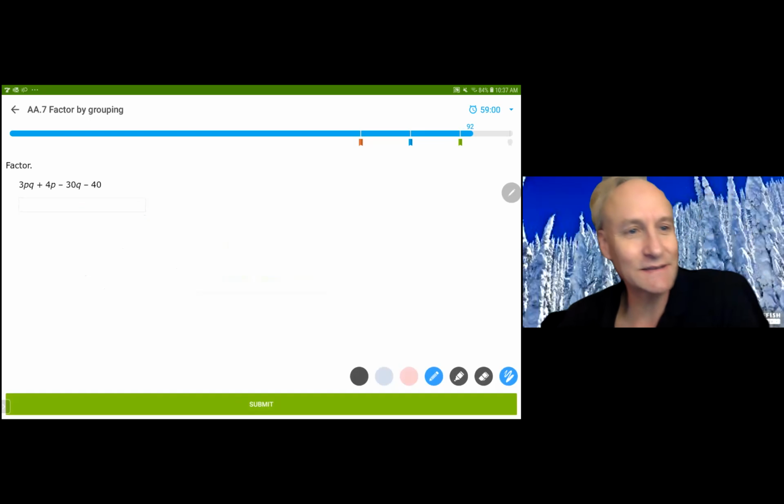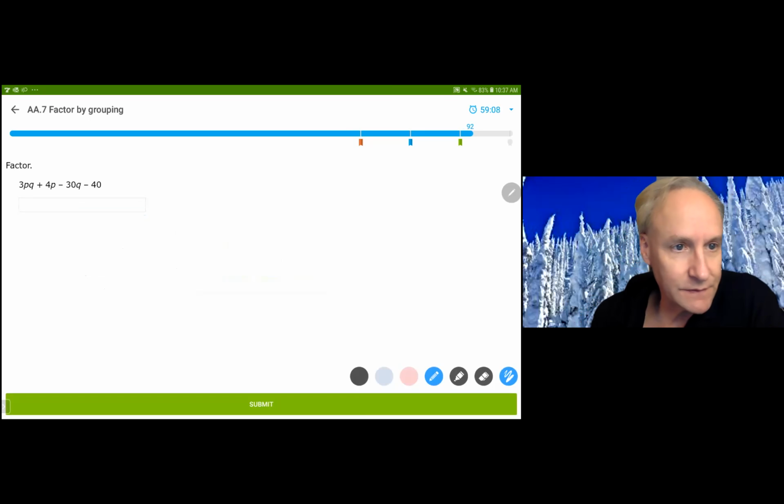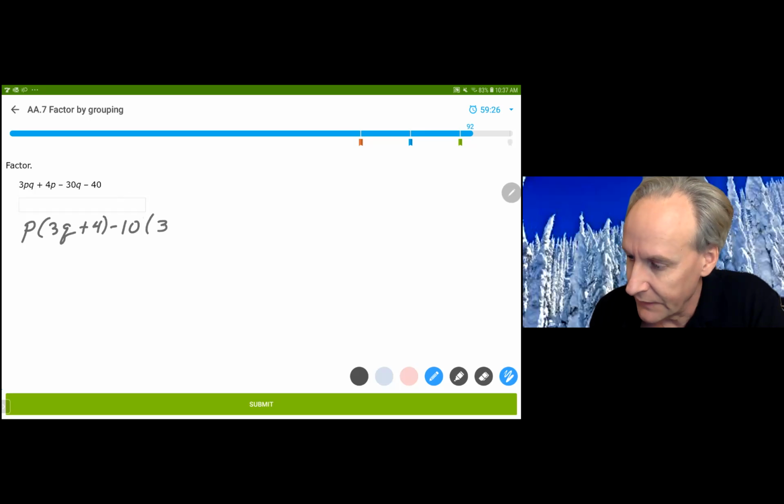Let's see what we got next. No common factors that I can see. And that's nice. So we'll take a P out of the first pair, and we're left with 3Q plus 4. And take a negative 10 out of the second pair, and we have a 3Q plus 4.